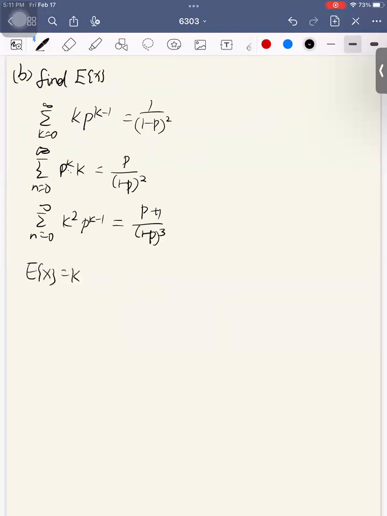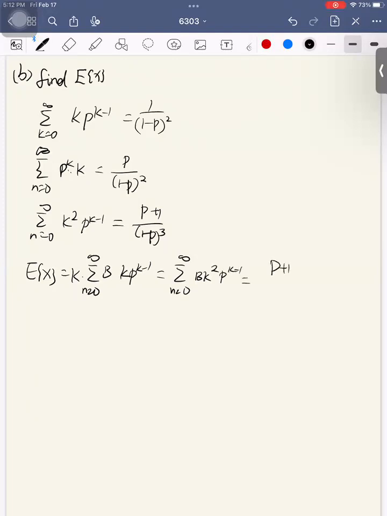After getting this, we can find E[X]. E[X] looks like this, and we can put the k inside. So we will get this equation here.